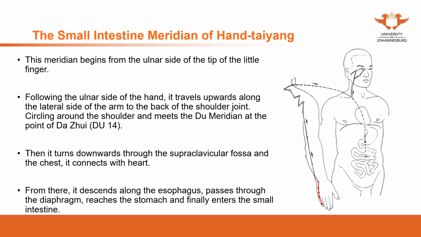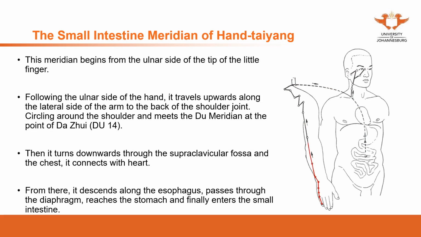The next meridian is the small intestine meridian of hand yang. This meridian is also a yang meridian from the hand, so it travels from the hands towards the face, to the head.